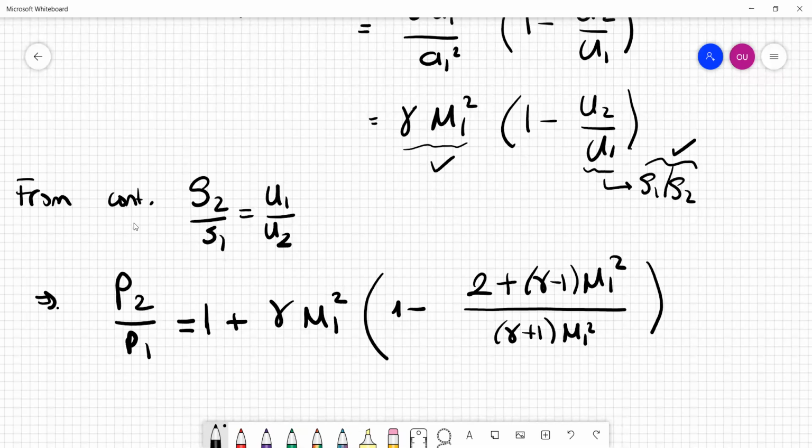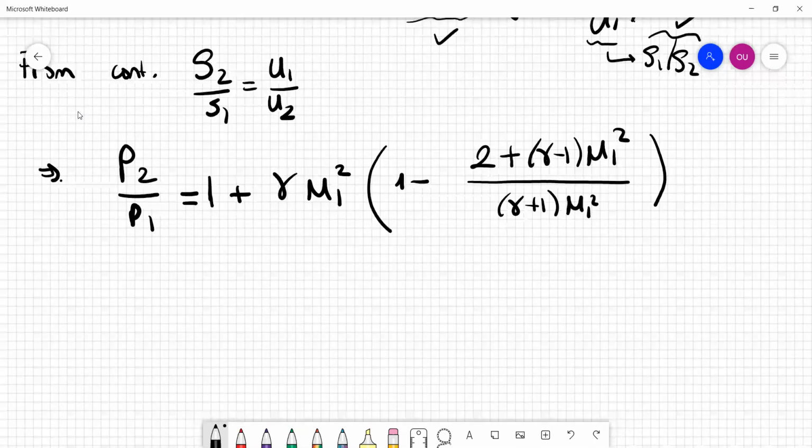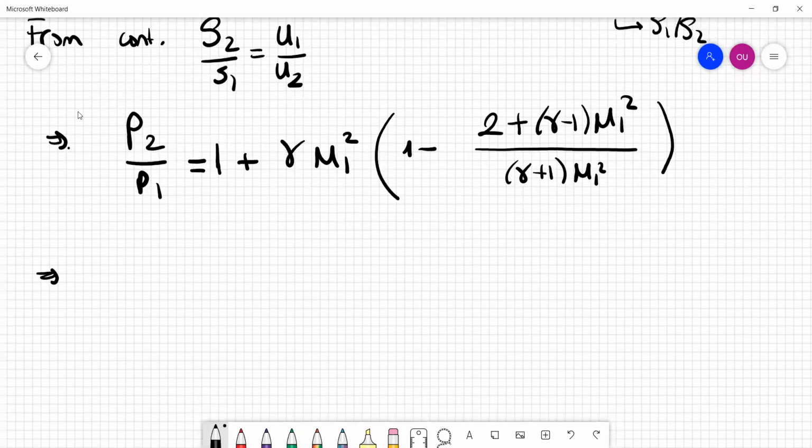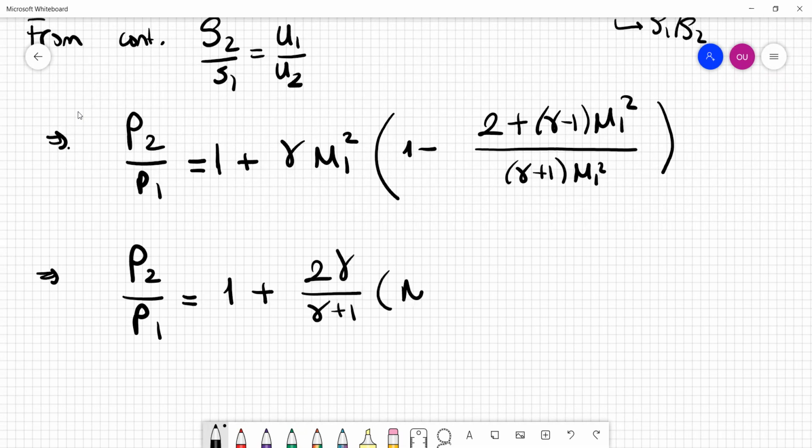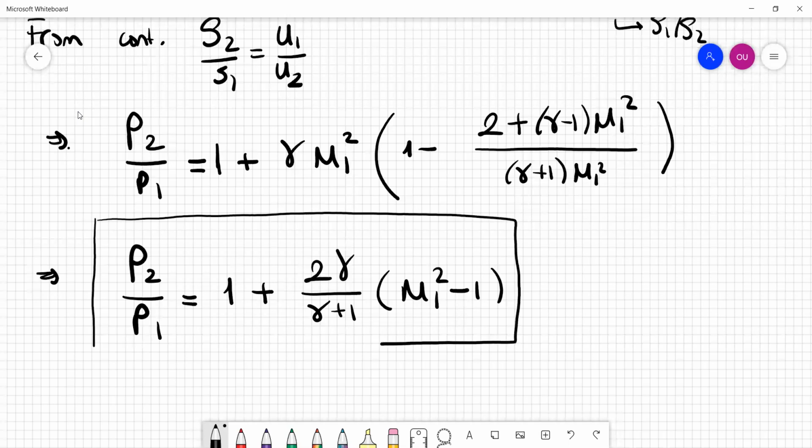Written in a neater form, I now get a static pressure jump relation across the shock wave, which looks like this: P2 over P1 equals 1 plus 2 gamma divided by (gamma plus 1) times (M1 square minus 1). Now I have a relation for static pressure change across a normal shock wave.